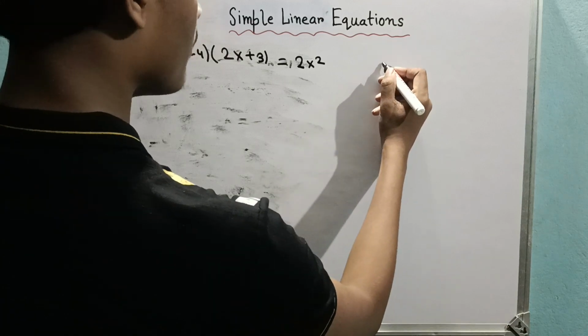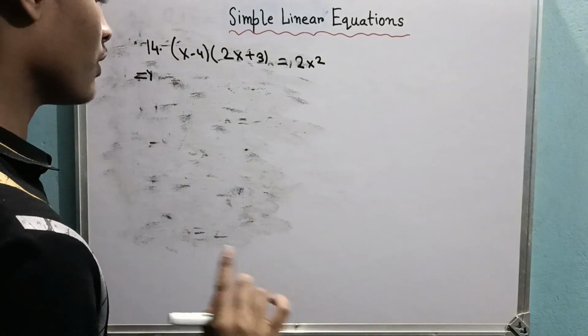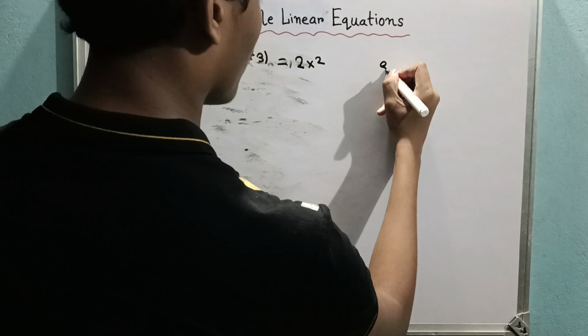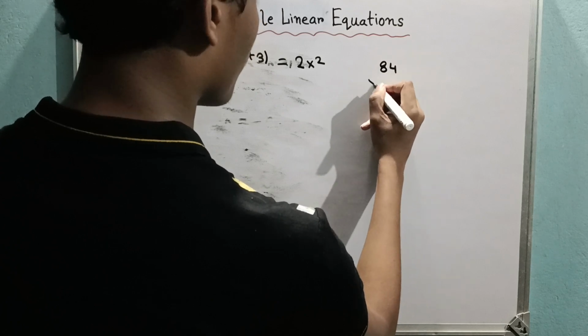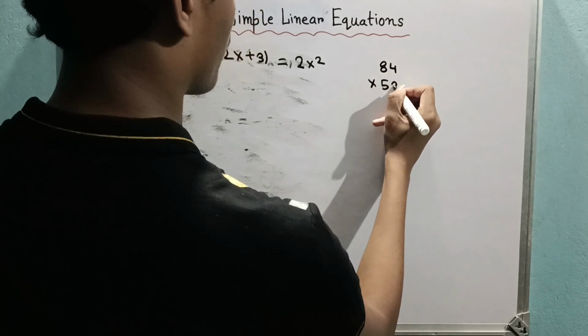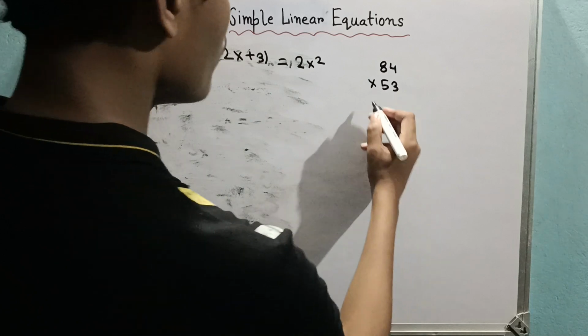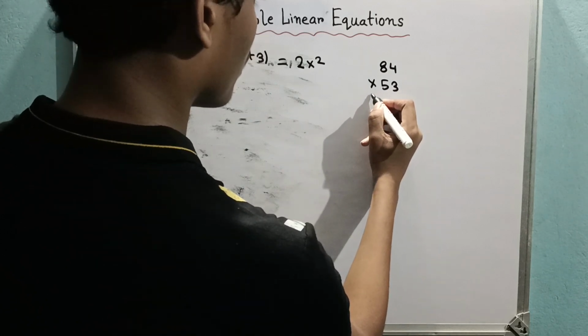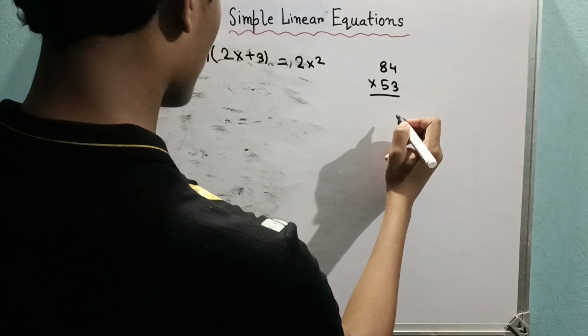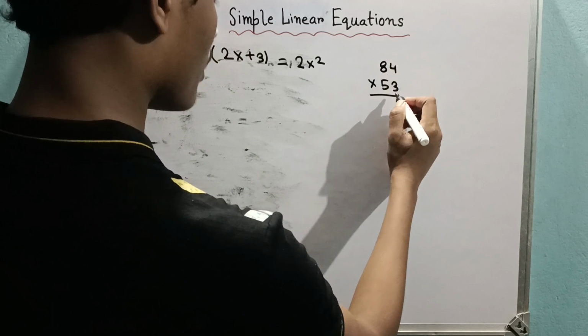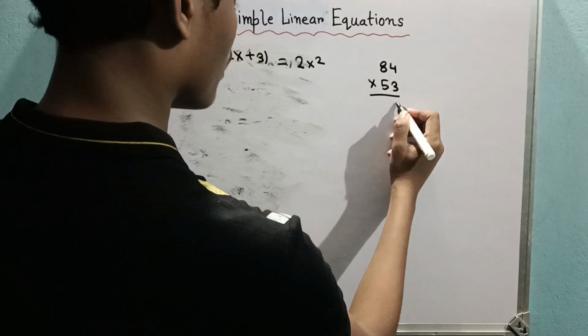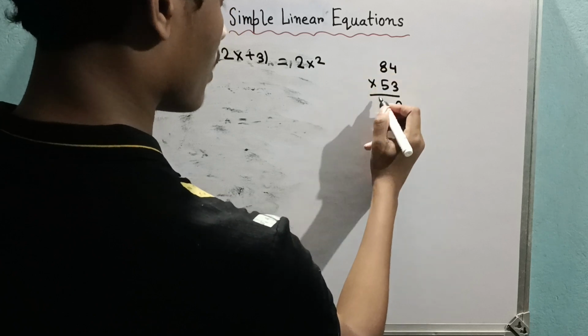What do we do when we multiply two-digit numbers? Like 84 multiplied by 53, I suppose. What do we do? 3 multiplied by 4, these two terms we multiply, and then these two terms we multiply.